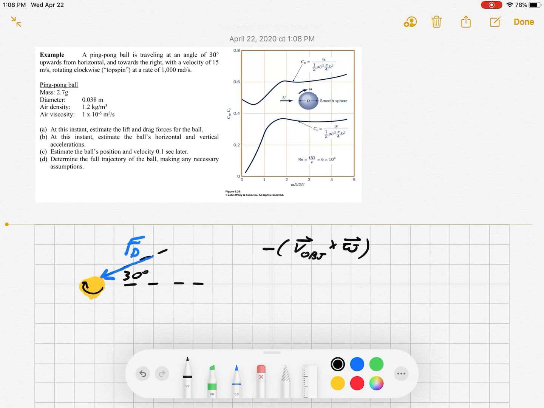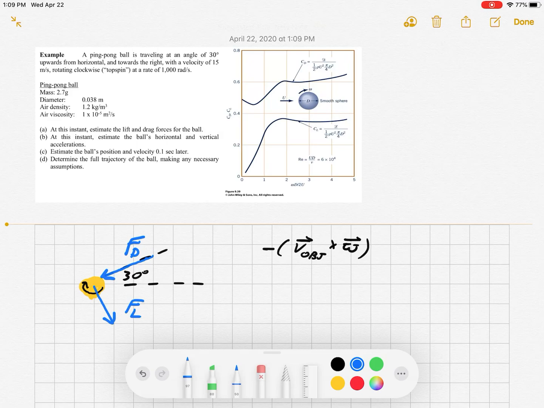So if we take the velocity of the object, which is up and toward the right, the rotation vector is actually into the page. Cross that, you would get a force kind of up and to the left. We take the minus of that, and then we would get that the lift force is going to be like this, okay? So at least we have the directions of the drag and the lift force.